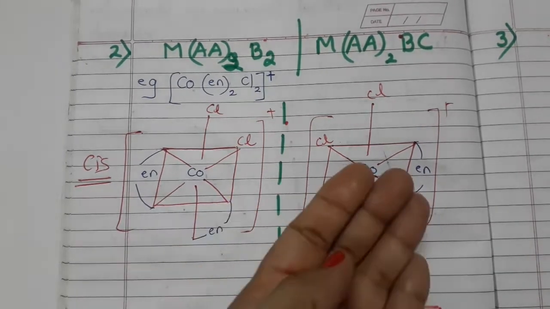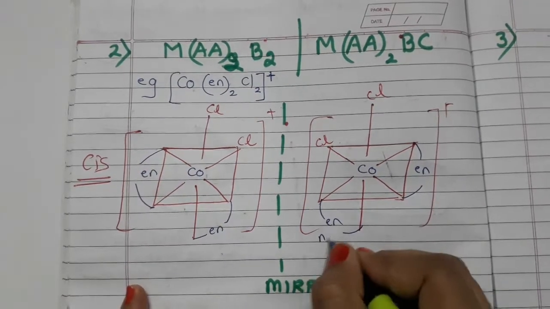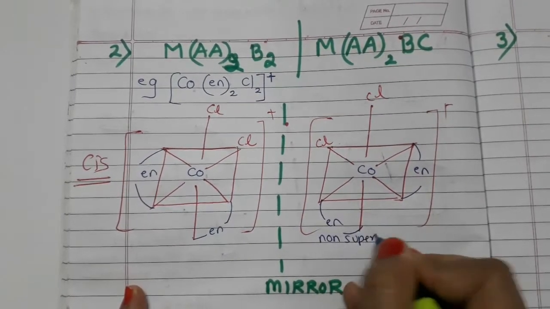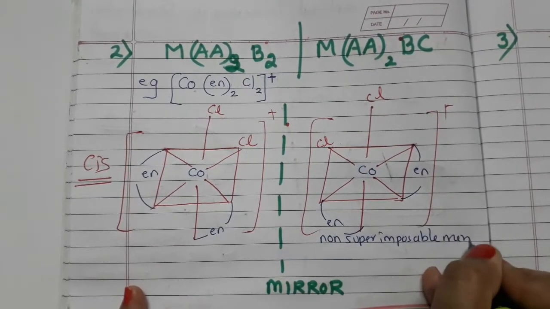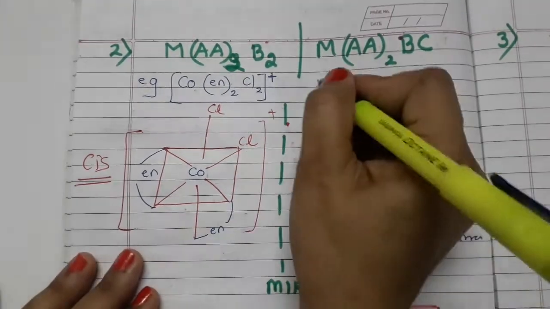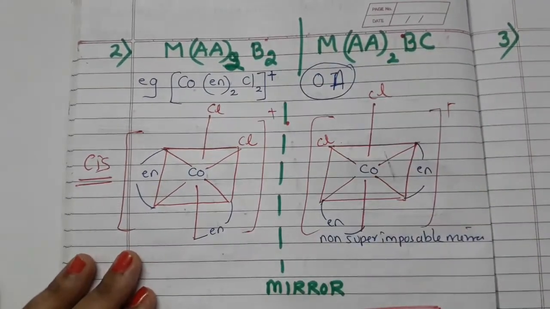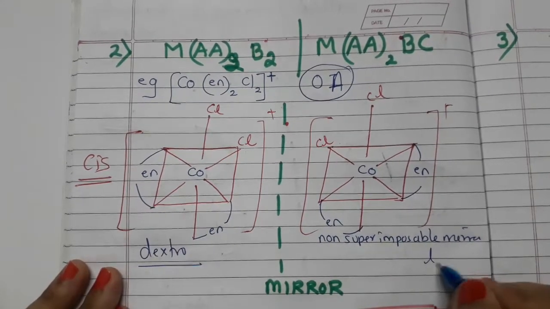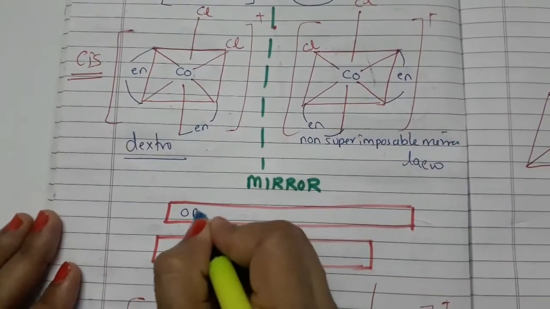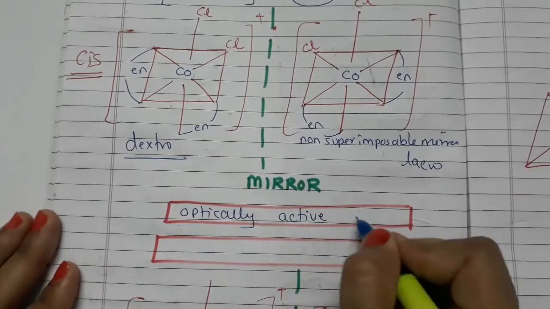Now, if you lift this molecule and place it over the first molecule, they are non-superimposable mirror images of each other, and hence we say that these are optically active examples. If this is dextro, then this is levo. So, these two above compounds are optically active compounds.